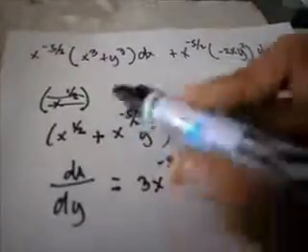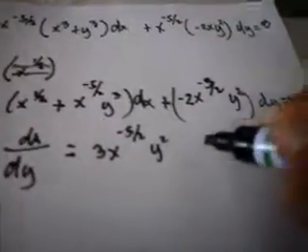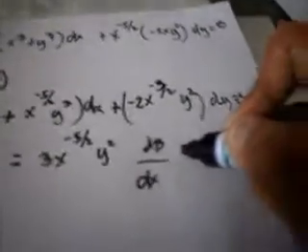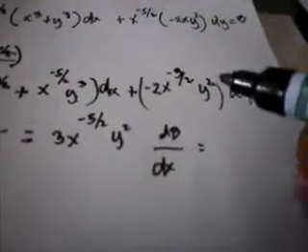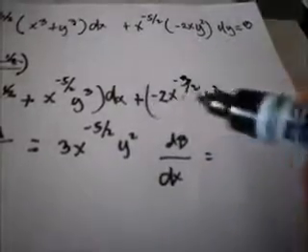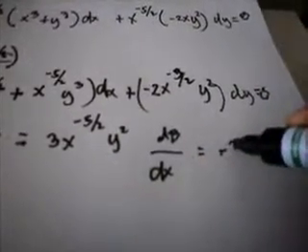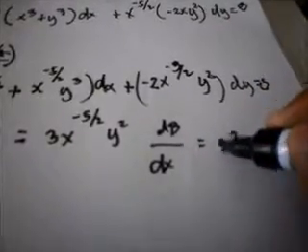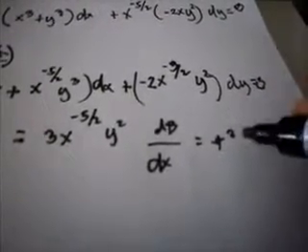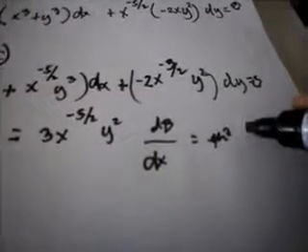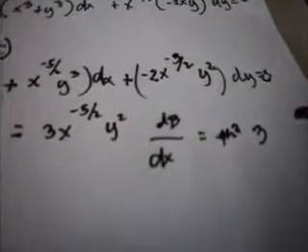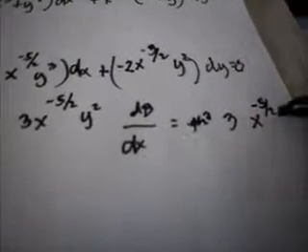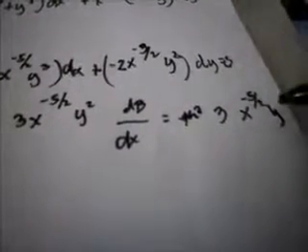And dB/dx is negative 3 halves times negative 2, so it becomes positive 3x to the negative 5 halves y squared.